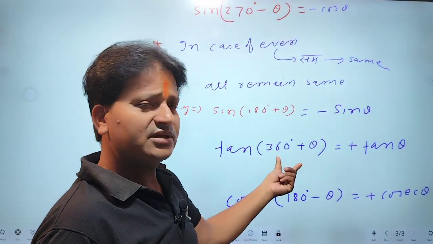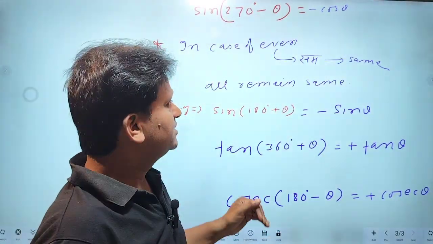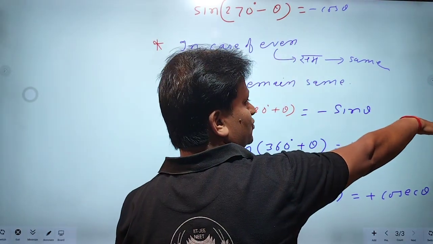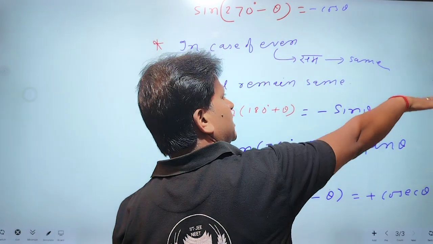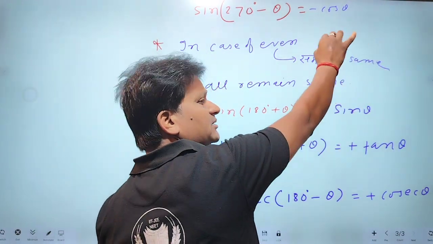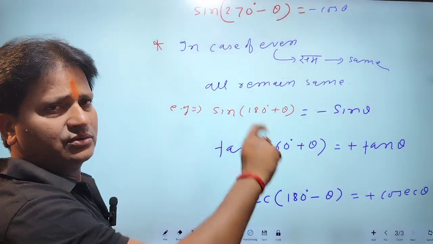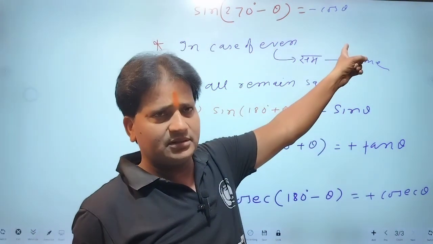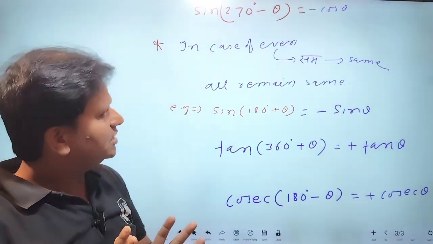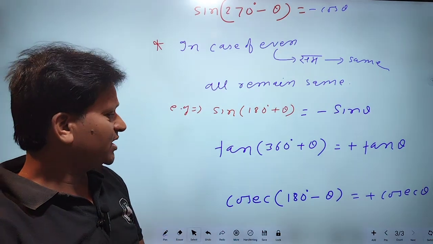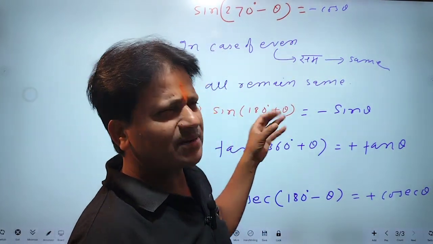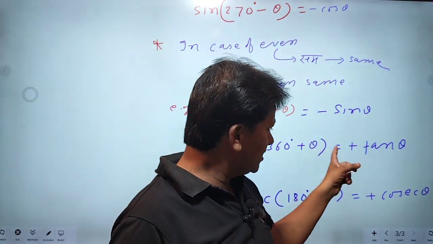Similarly, tan 360 degree plus theta. This will be in first quadrant. Here is 360 degree. Plus sign shows that you should move in anti-clockwise direction. Therefore, you will go to first quadrant. Okay? In first quadrant, all are positive. Therefore, tan will be also positive.